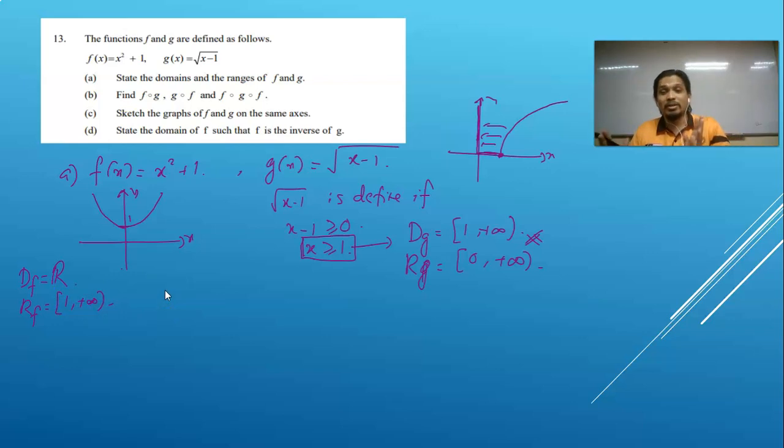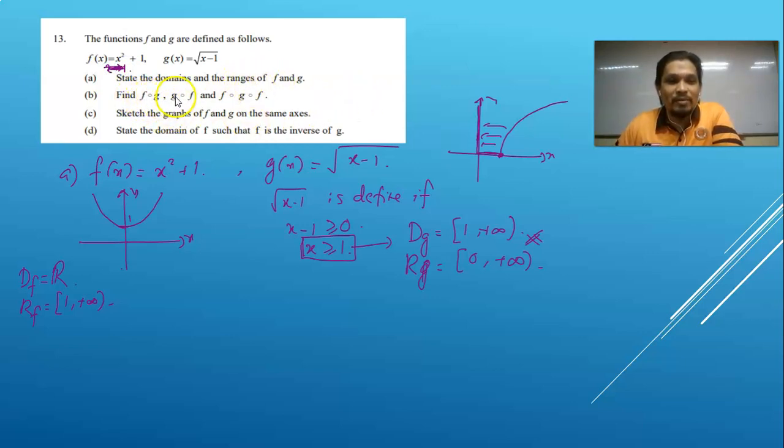I think it's general according to the question, unless it is stated here that x is greater than or equal to 1. But because it's not stated here, we just assume that it is general. State the domain and range of f and g.